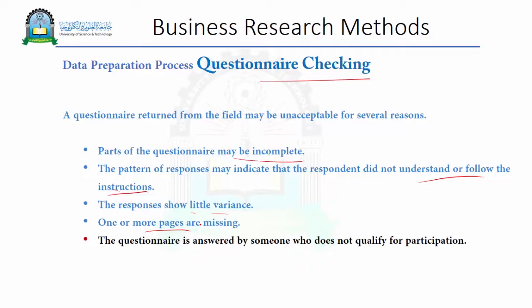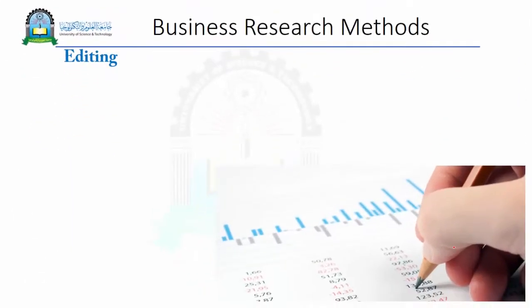And also the questionnaire may be answered by someone who does not qualify for the participation, so the answers are not accurate. This is also one of the problems, and that makes the researcher check the questionnaire before the analysis.